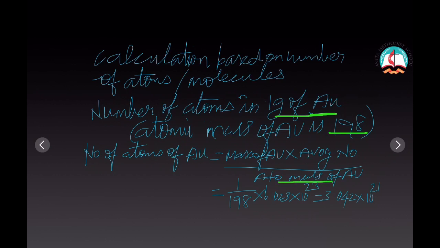This gives us 3.042 into 10 to the power 21. So such number of atoms are present in 1 gram of Au, that is gold.